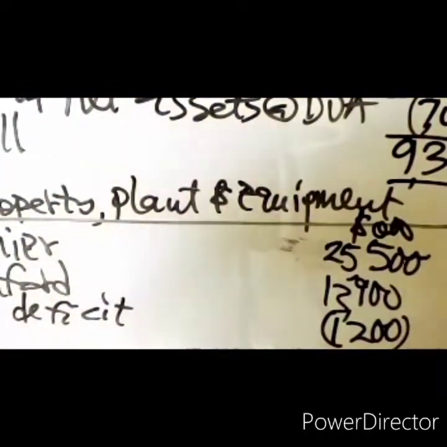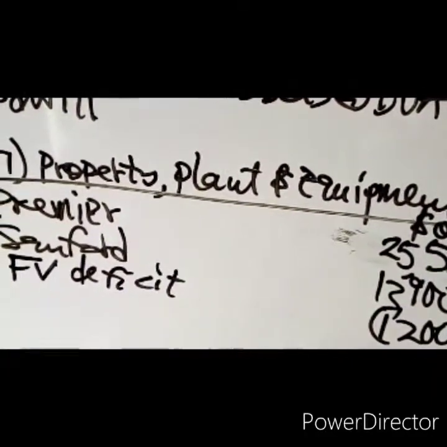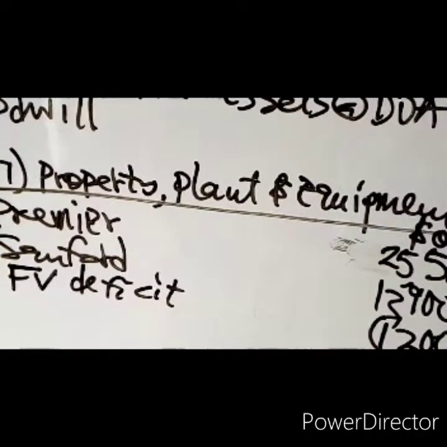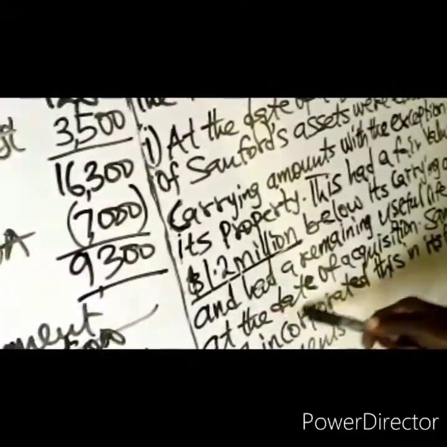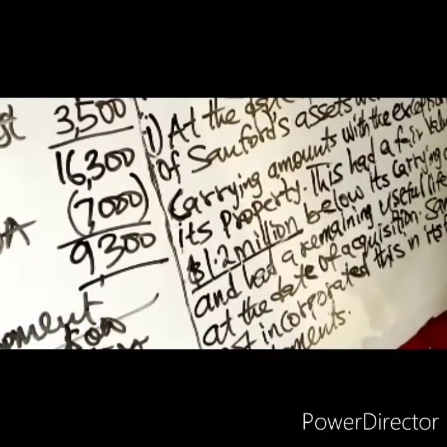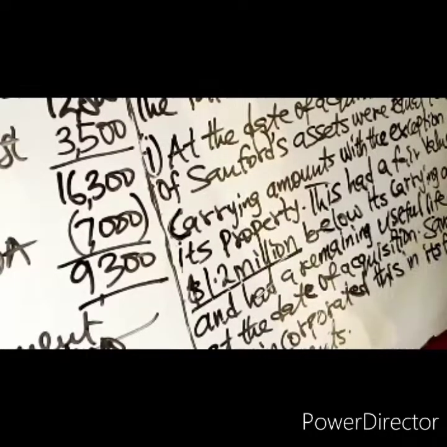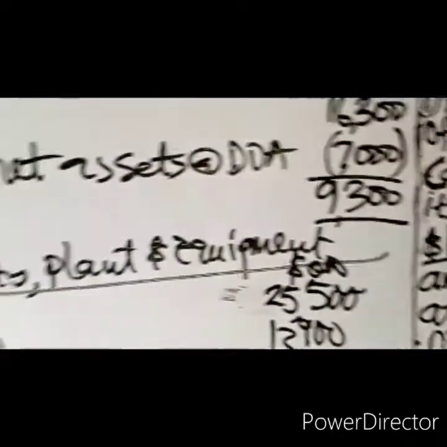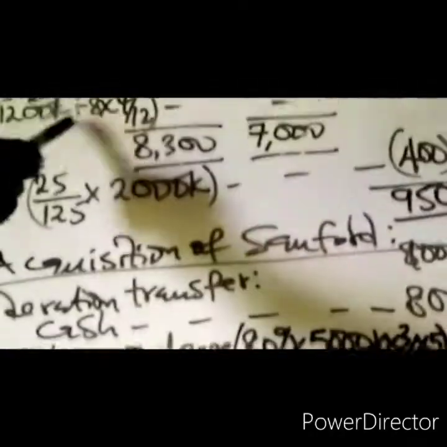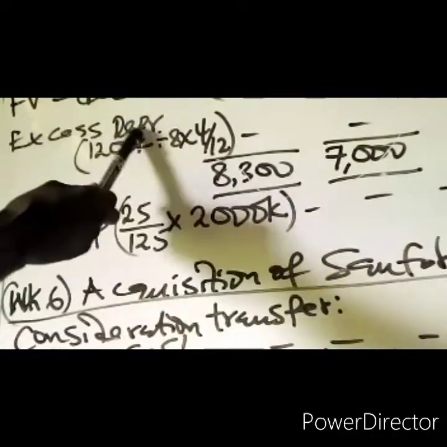It had a remaining useful life of 8 years at the date of acquisition. Sanford had not incorporated this in its financial statements. So there is excess depreciation, which had been calculated earlier, and we had 50,000.